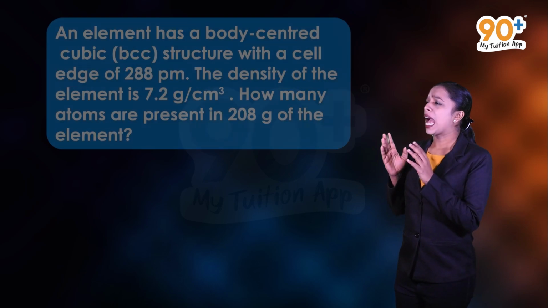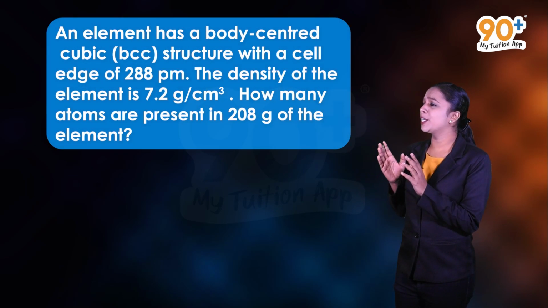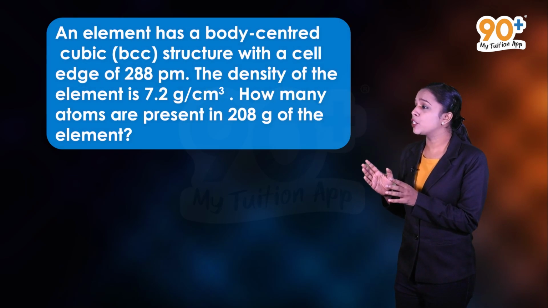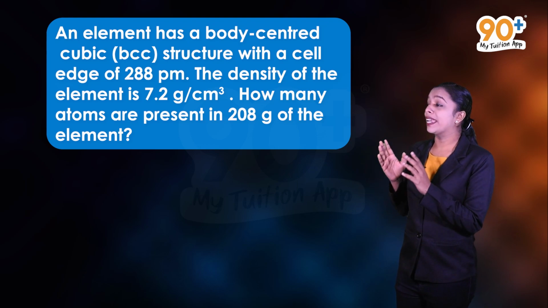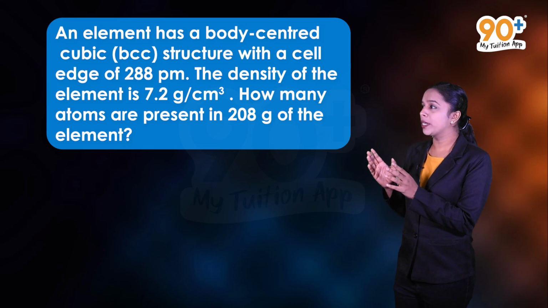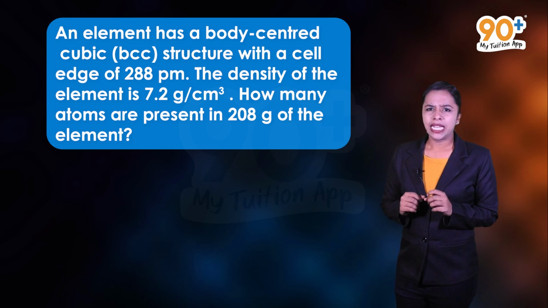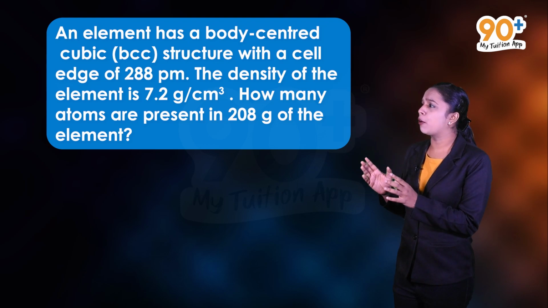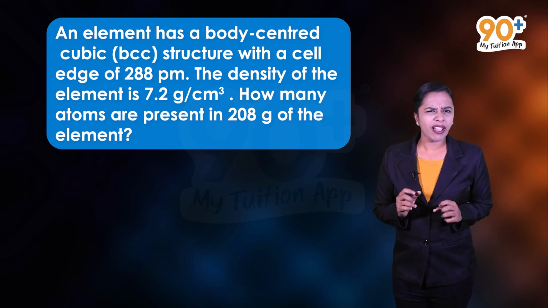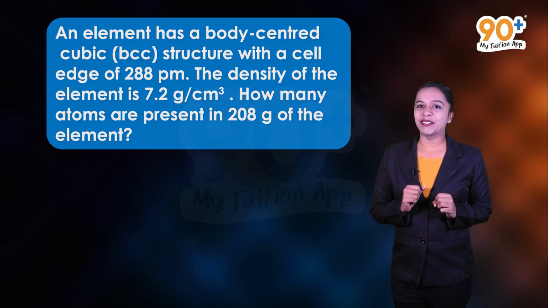An element has a body-centered cubic structure with a cell edge of 288 picometer. The density of the element is 7.2 gram per centimeter cube. Then, how many atoms are present in 208 gram of the element? Do you have any idea? Well, I will tell you.